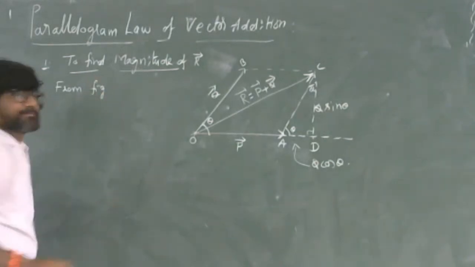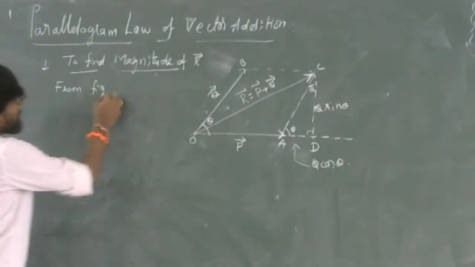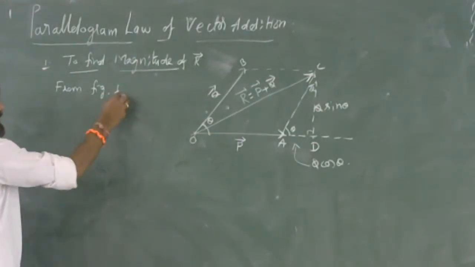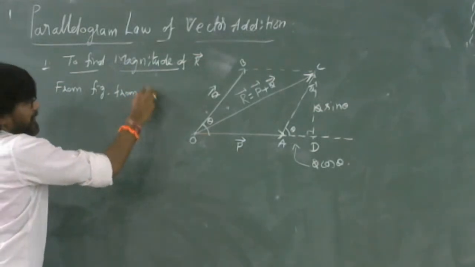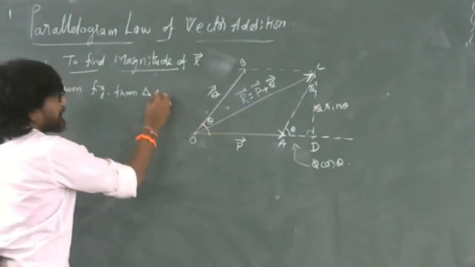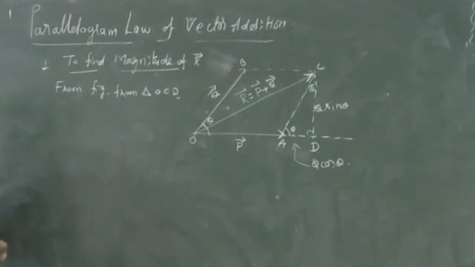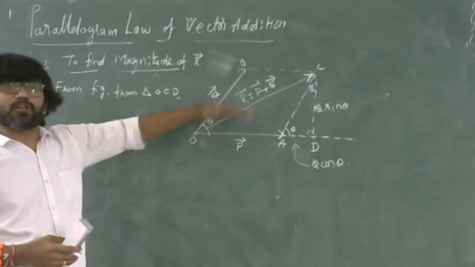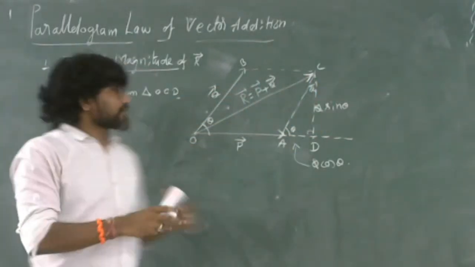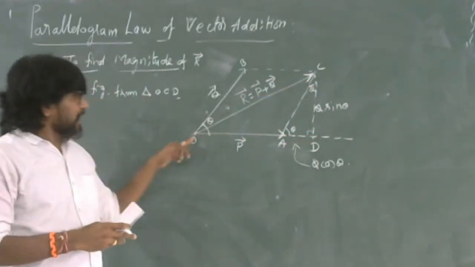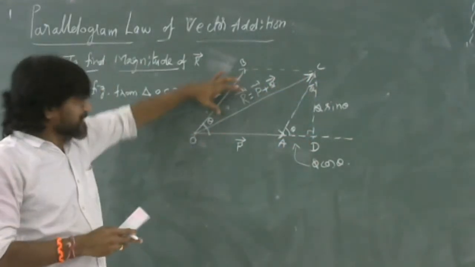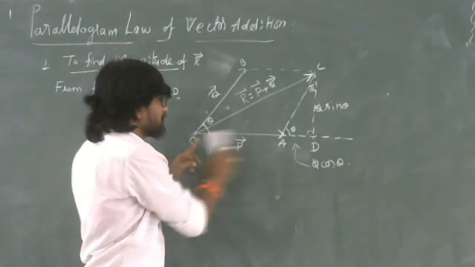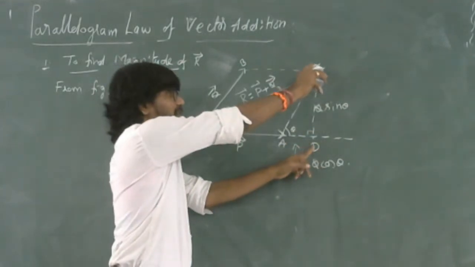So from the figure, try to write down quickly. From the figure, from triangle OCD, by applying Pythagoras theorem, we can say hypotenuse square is equal to side square plus side square. So for this OCD triangle, the hypotenuse is OC, that is nothing but the magnitude of our given resultant vector, and OD is one side, CD is another side.